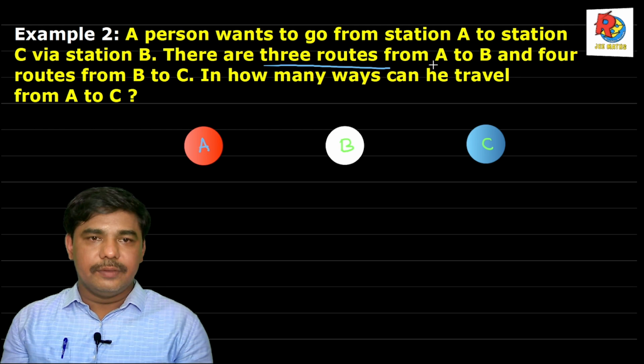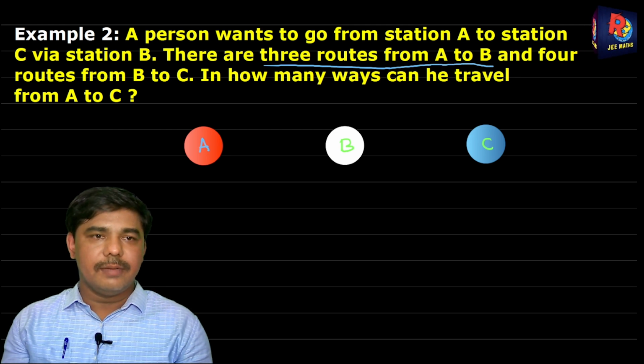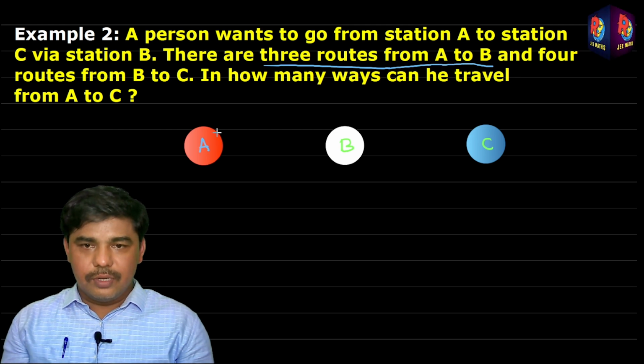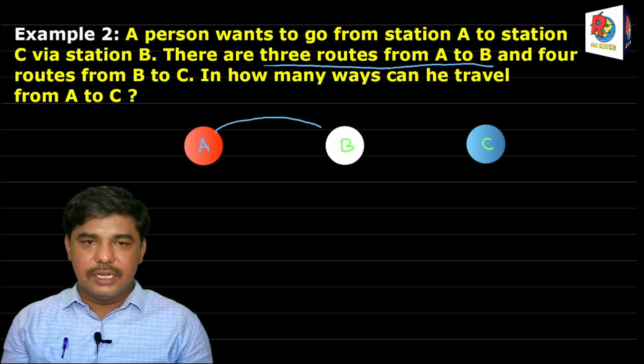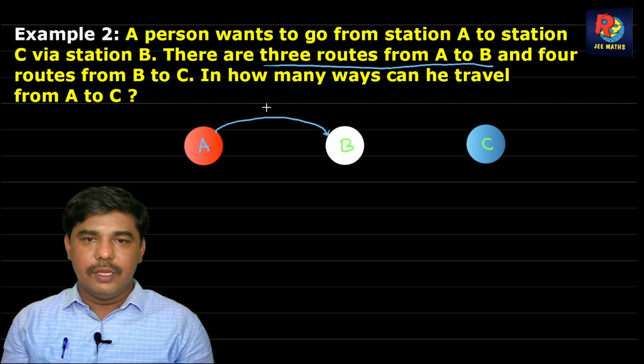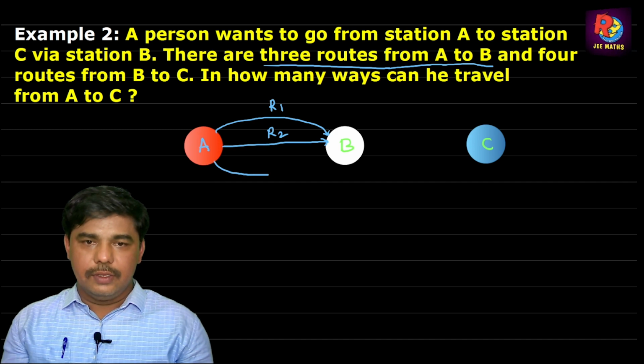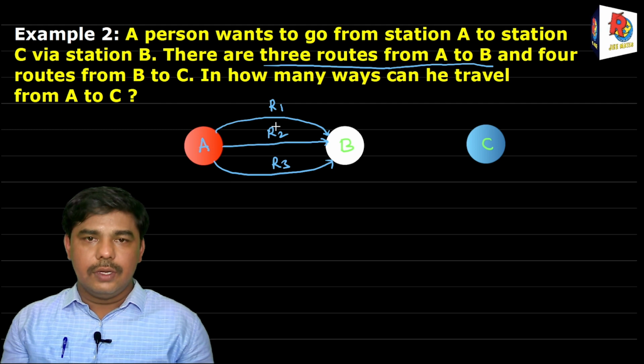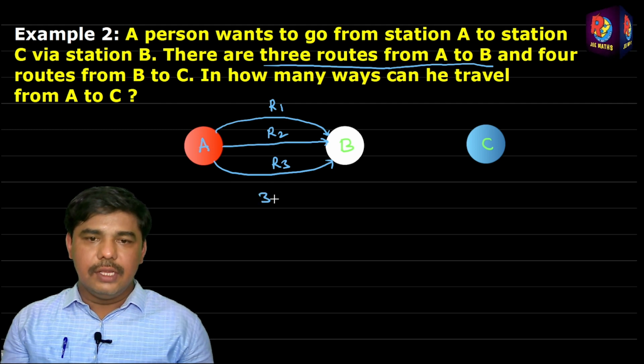Let us assume that from A to B he has route 1, route 2 and route 3. In total he has 3 routes from A to B.